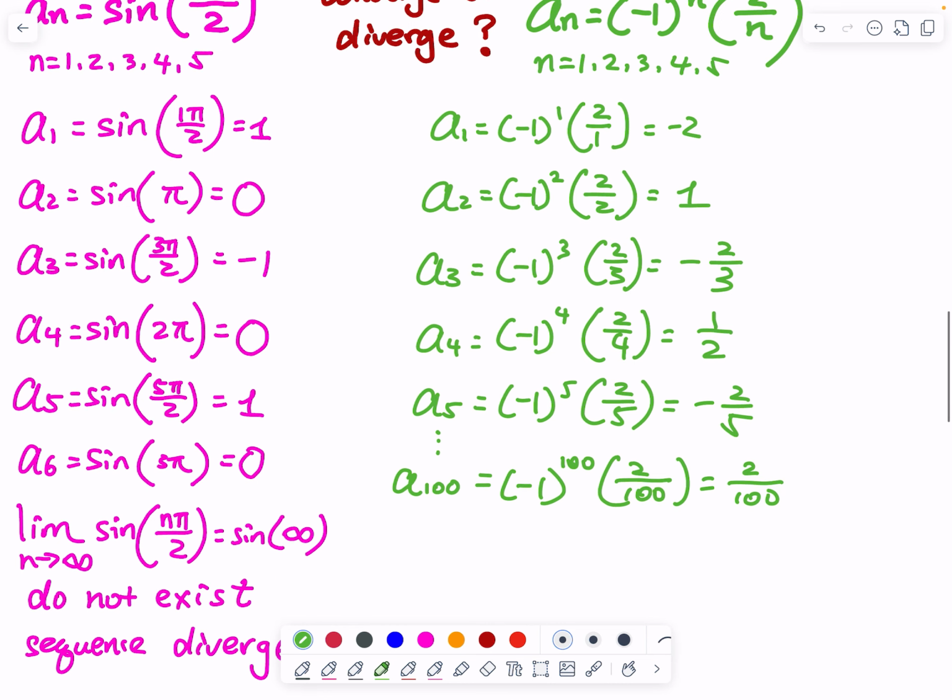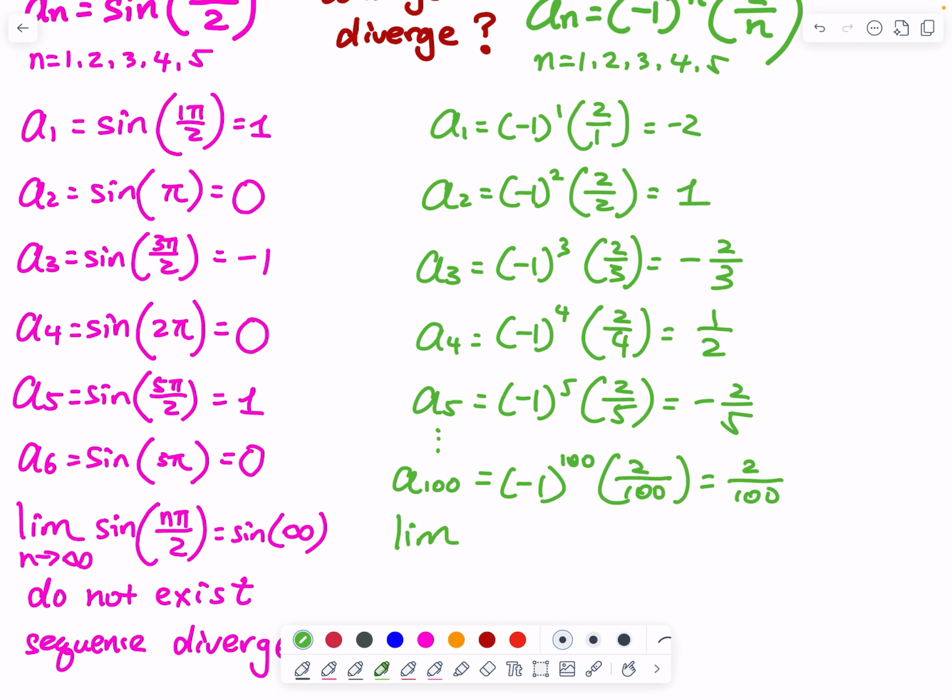When n becomes very large, I can take the limit as n approaches infinity. I have -1 to the nth power, and what matters the most is 2 divided by n, because the negative sign doesn't really change anything. I don't care about this; I care more about 2 divided by infinity. You have 2, and you divide that into infinitely many pieces.